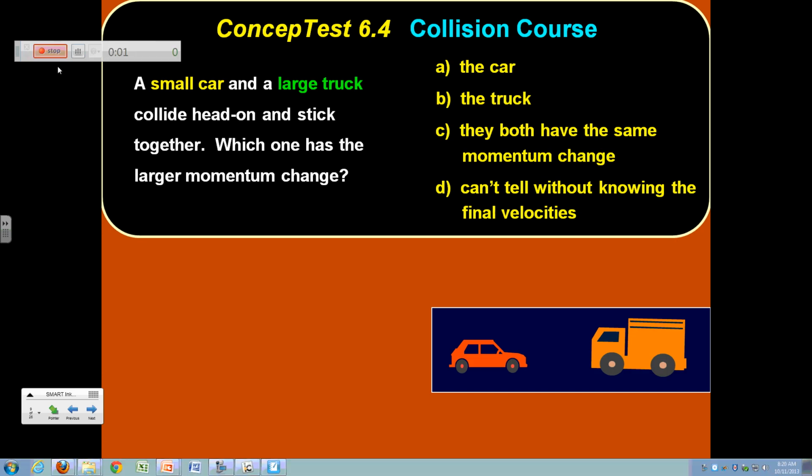It's a little tricky. A small car and a large truck collide head on and stick together. Which one has the larger momentum change? Remember Newton's third law. What does that say about the forces involved?